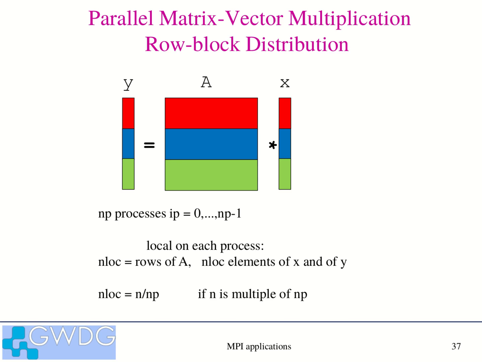So before calculating a result, you have to fetch from the other processes the other parts of the input vector. And you can calculate in one step all the results corresponding to your process by multiplying your own rows, your row block, by the total input vector which you have collected before.